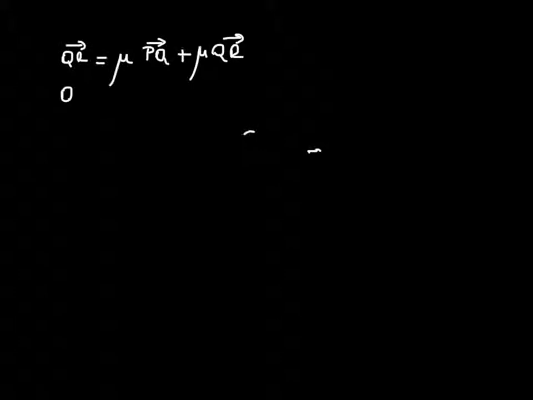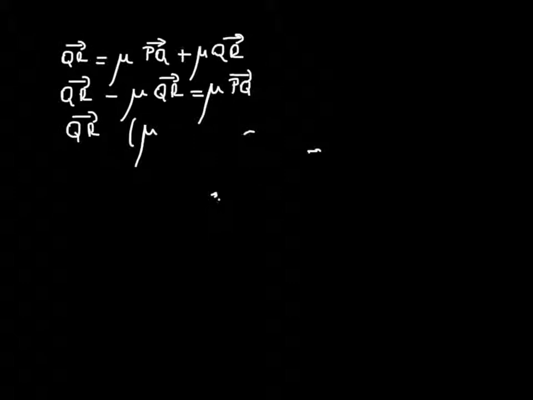Therefore, QR minus mu QR, if we subtract this expression from both sides, gives me mu PQ. So QR times 1 minus mu equals mu PQ.